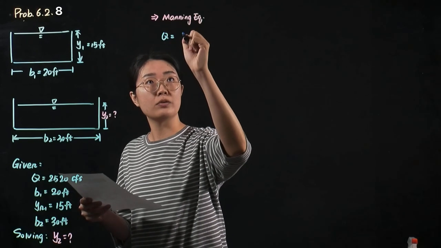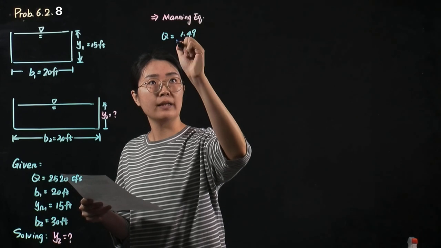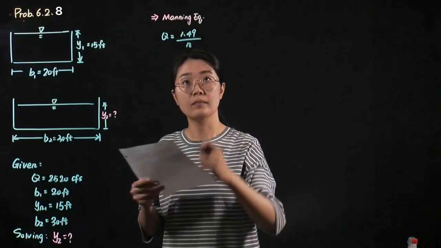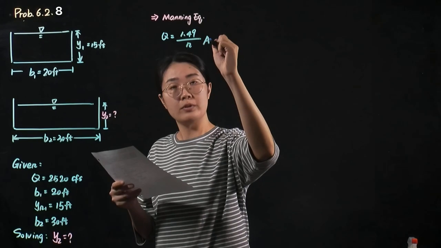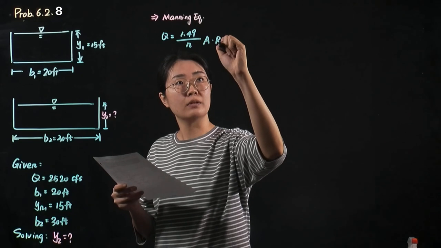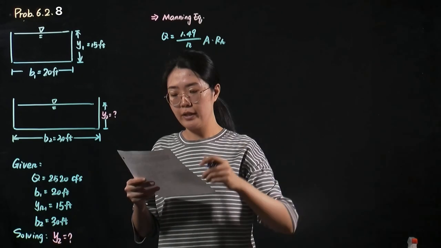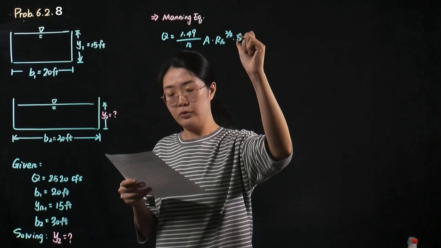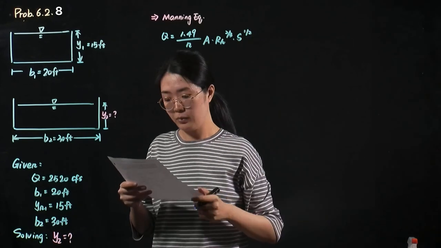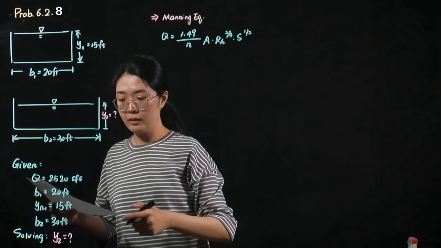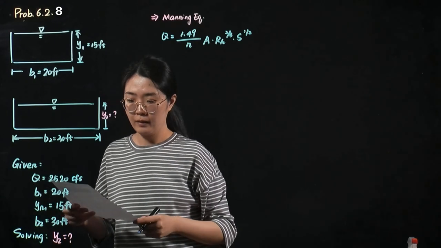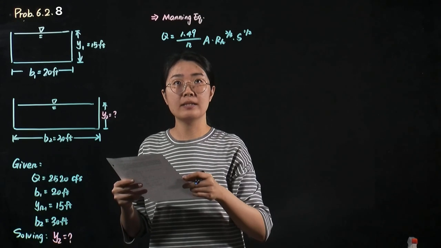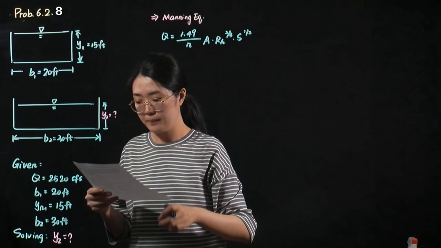The flow rate equals 1.49 over n times the area times the hydraulic radius to the power of 2/3 times the slope to the power of 0.5. And because this problem is in English units, we need to pay attention that we need to multiply by 1.49 in the Manning equation.